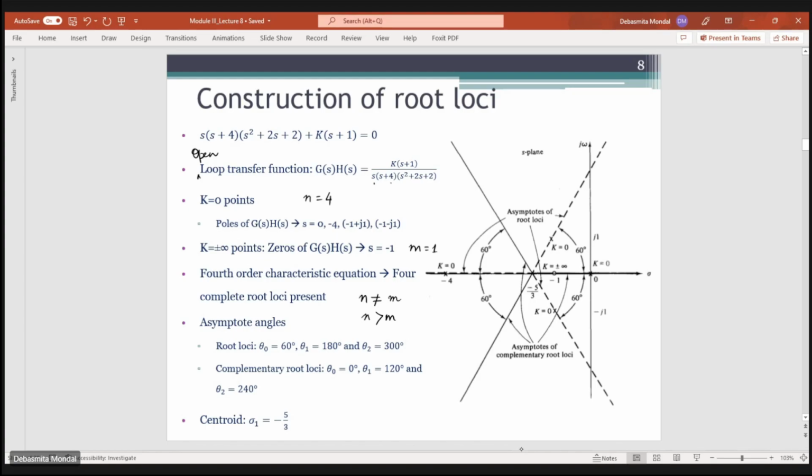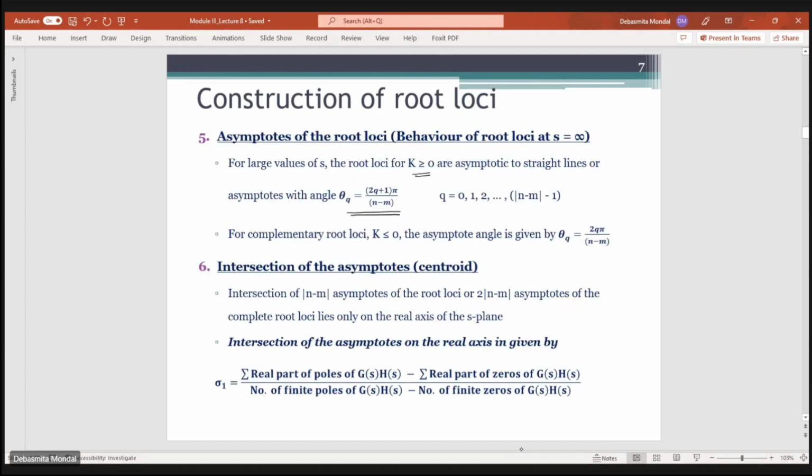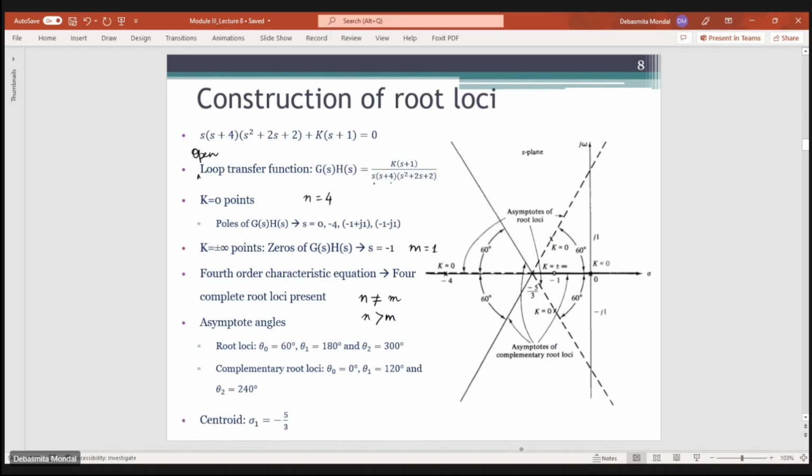Similarly, if you want to find out for the complementary root loci, you will just have to use the other criteria, and from there you can find the angles of the asymptotes. Okay, so if you draw in the s-plane, you have j omega and sigma over here.